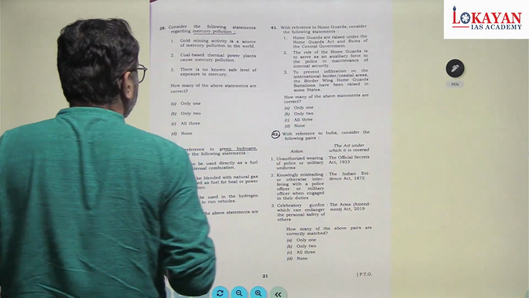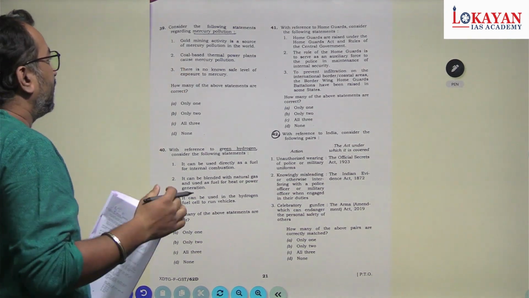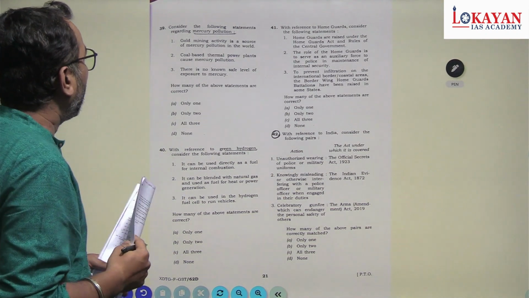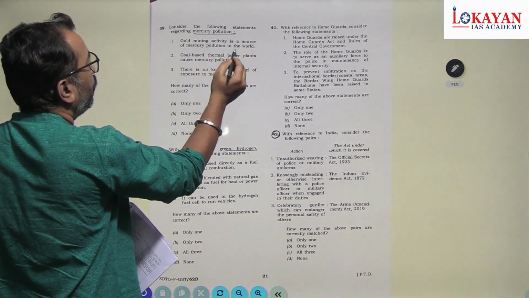Mercury is a liquid metal, right? So excess of mercury causes various health problems. So first statement is gold mining activity is a source of mercury pollution in the world.